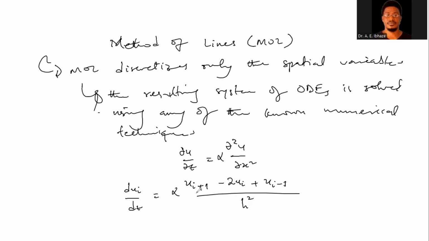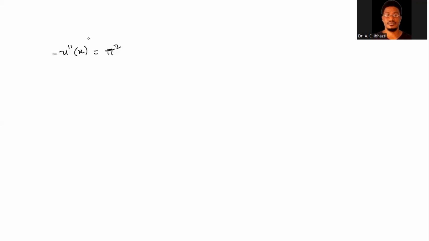So if we should therefore consider a simple example, let's say we have negative u double prime, that's a second order differential equation, being the same as pi squared sine of pi x, for which x is an element of 0, 1.